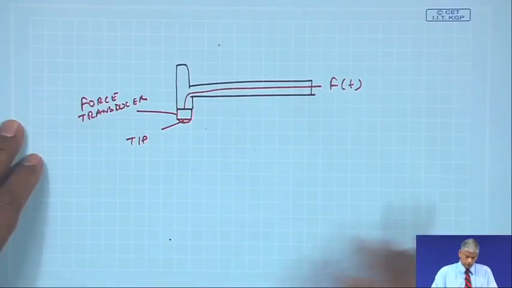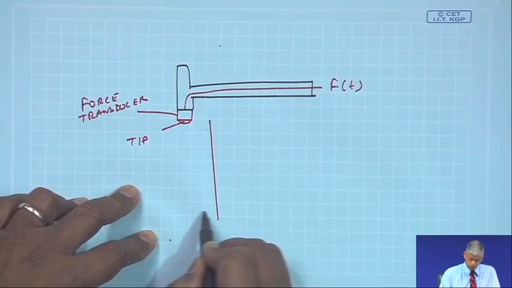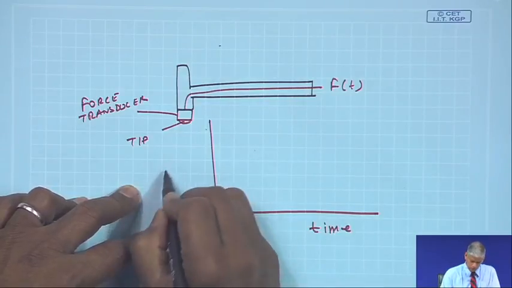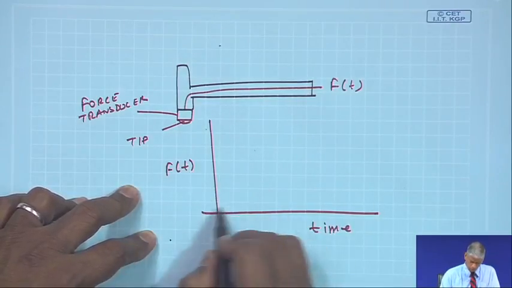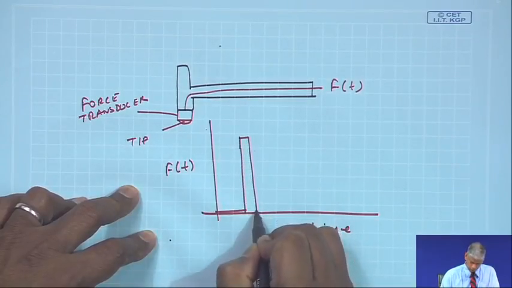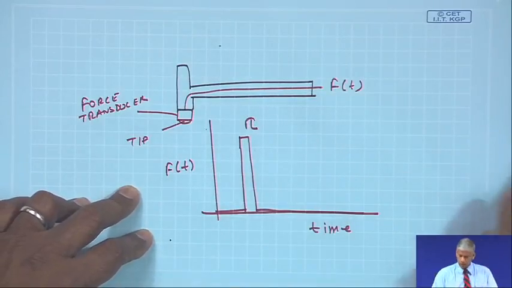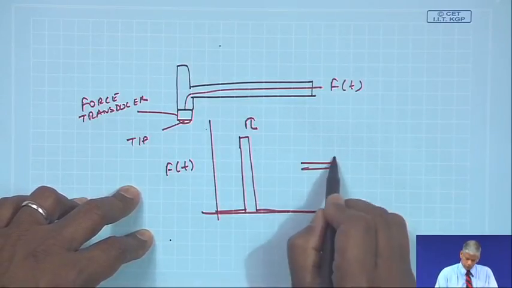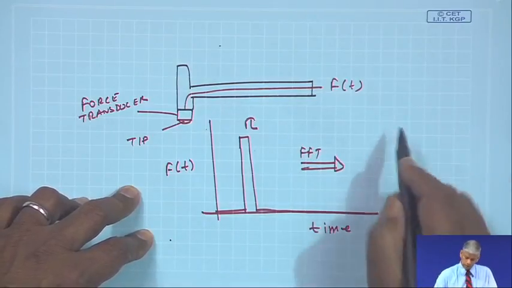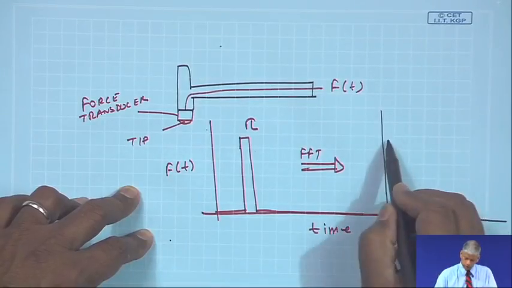So, if you look at the time domain response of this force in time, this can be modeled as a step impulse of certain duration tau. Now, if I do an FFT of this, in the frequency domain, it may look like this.